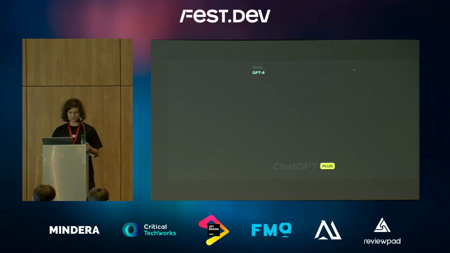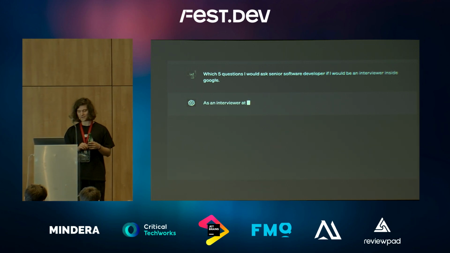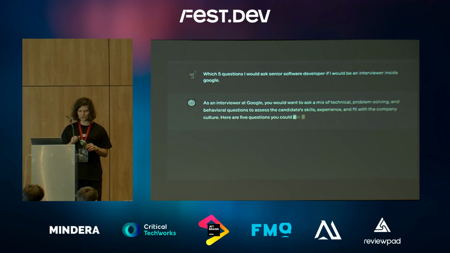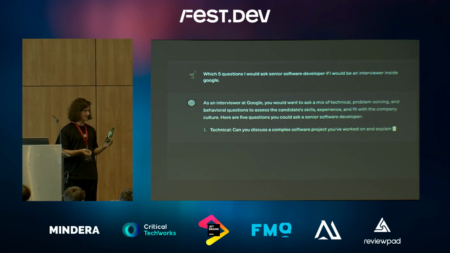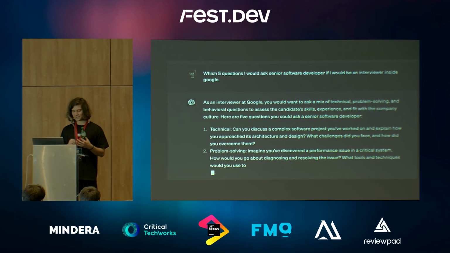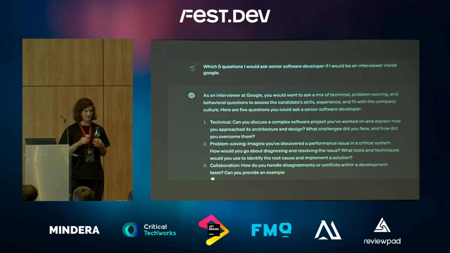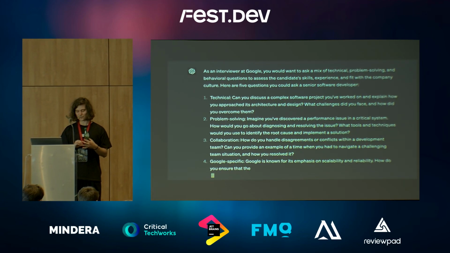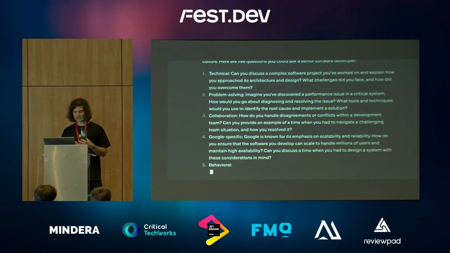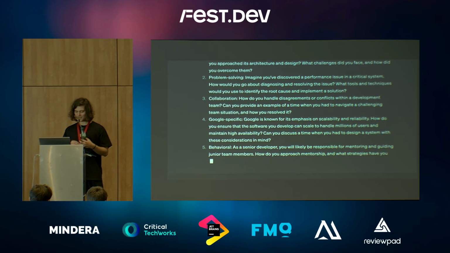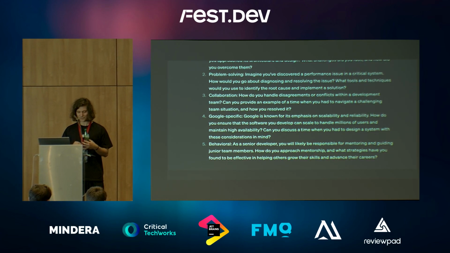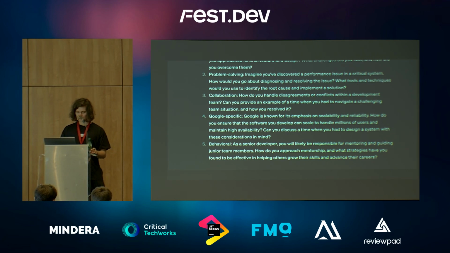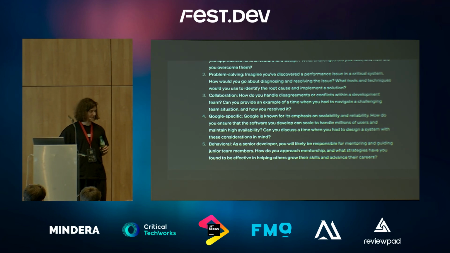If you ask ChatGPT to generate 5 questions I would ask a senior software developer if I were an interviewer at Google, it can act like someone from Google, and it asks specific questions. Number 4, you can see it asking a Google-specific question. Google is known for its emphasis on scalability and so on. How do you ensure high quality and high availability? Can you discuss a time when you had to design a system with these considerations in mind?